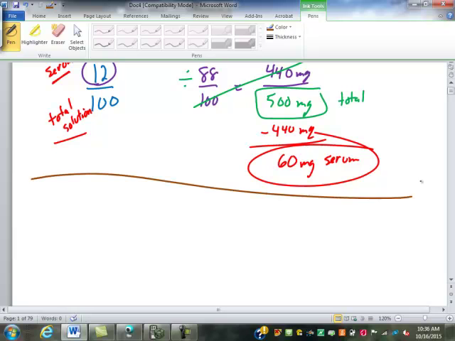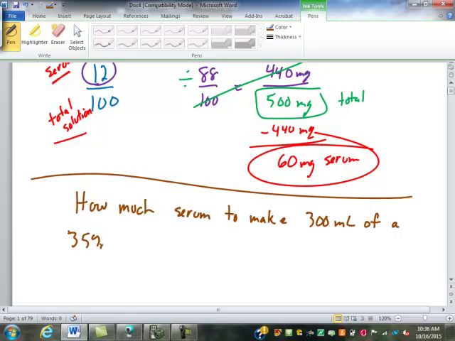For example, let's say how much serum again to make 300 milliliters of a 35% volume in volume solution.